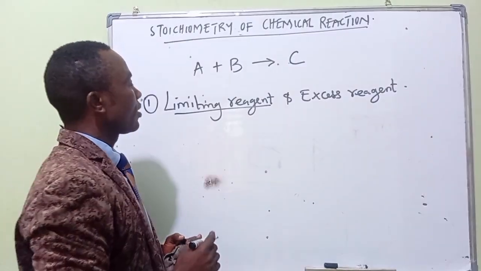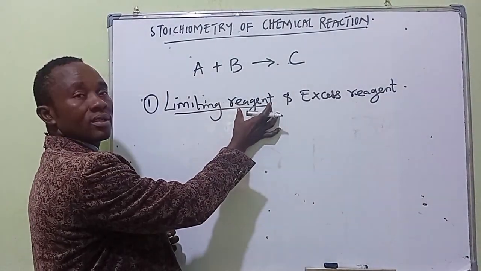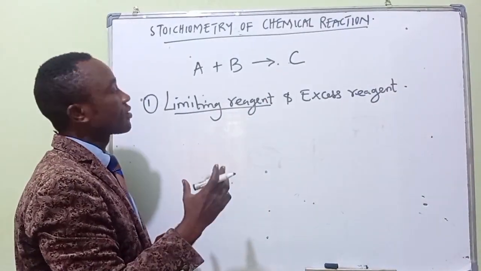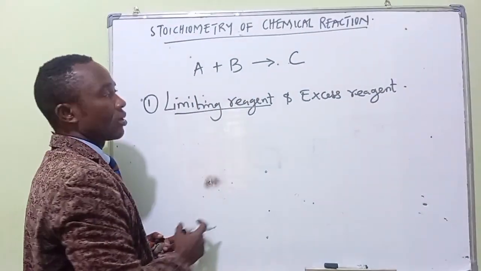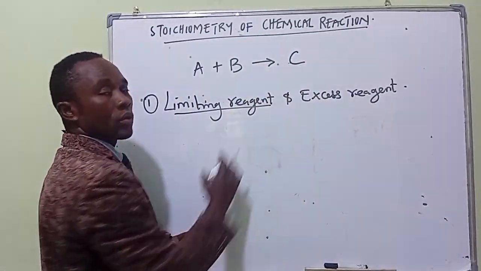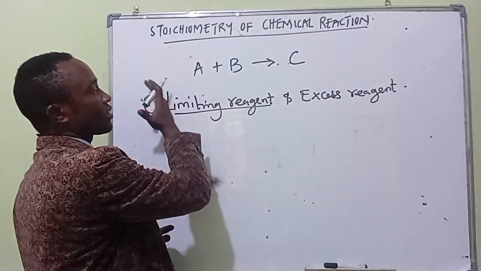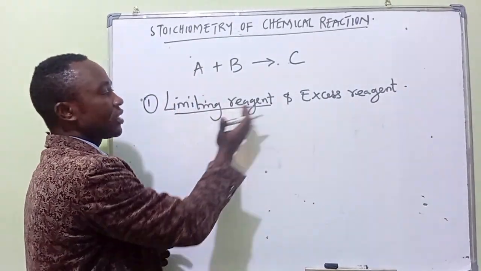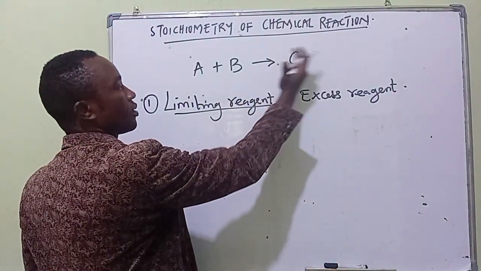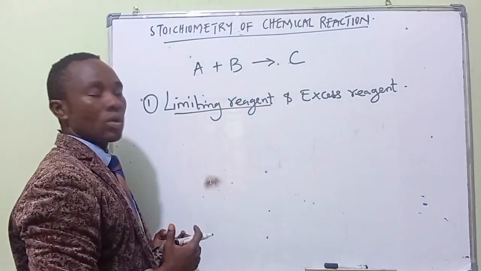When I mention reagent, I'm talking about reactants. You can see from here that A and B are reactants, while C is the product. The left-hand side of a chemical equation is the reactant or the reagent, while the right-hand side is the product.